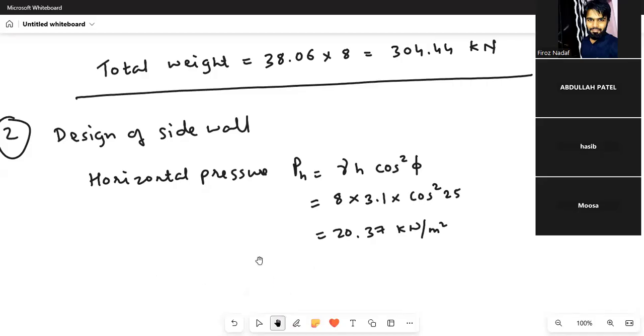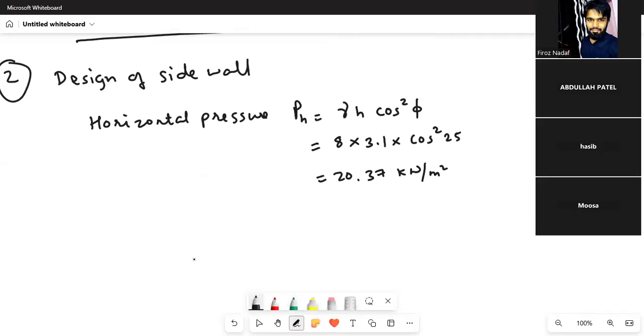Okay, so the formula of hook tension, I have already given you. Hook tension T equal to pH into capital D divided by 2.